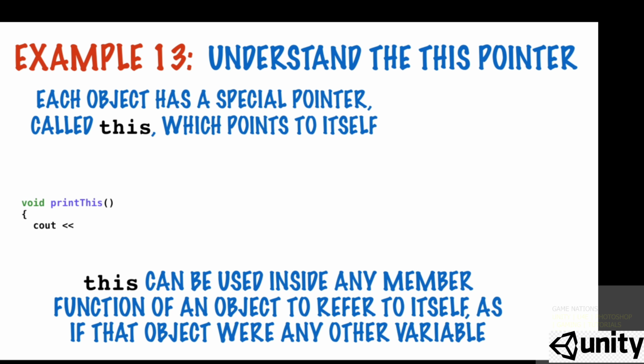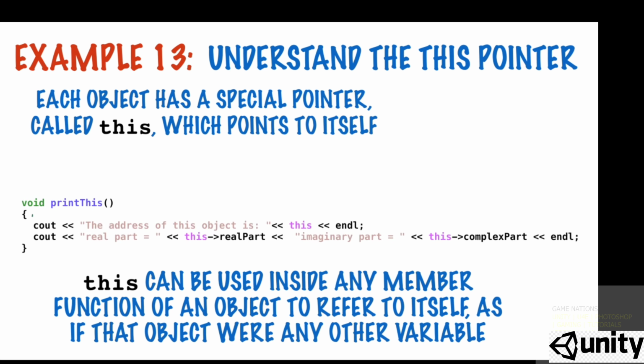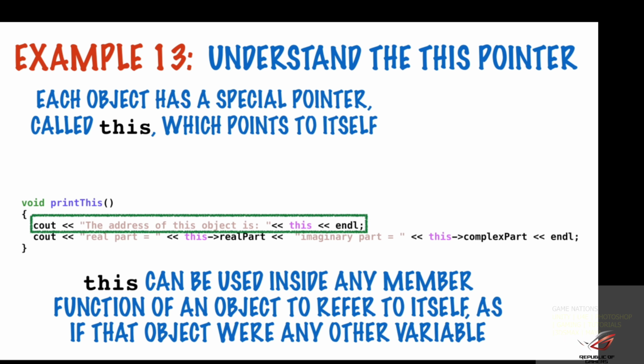Let's take a look at the example on screen. Print this. Consider that this is a member function of the complex number class. The attached source code to these lectures should give you full details, but print this is the member function in the complex number class. Within the print this member function, notice the very first line.